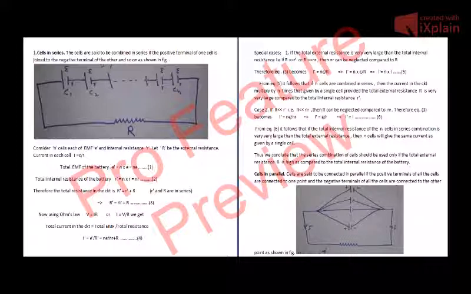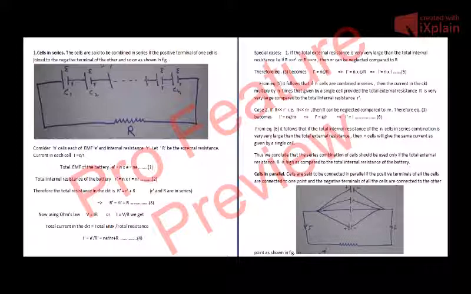So the total EMF of the battery, E dash, is equal to n into E, that is nE. The EMF of one cell is E, then we have to multiply it by n cells. Similarly, the total internal resistance of the battery. Now see, r plus r plus r. Cells are in series, so we have to use the series formula of resistances, where the equivalent resistance R is equal to R1 plus R2 plus R3, and so on.